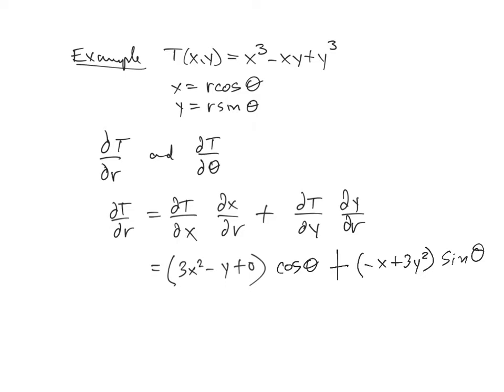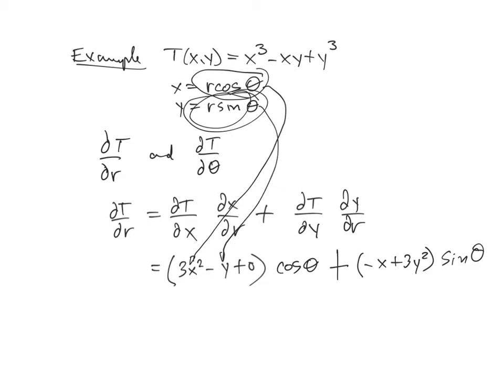Now, you're kind of done. You can multiply things out, but that doesn't do much. But we're asked for the partial derivative of T with respect to r, so our final expression probably should just have r's and thetas in it, not x's and y's. So wherever we have an x, we substitute r cos theta. Wherever we have a y, we substitute r sine theta.